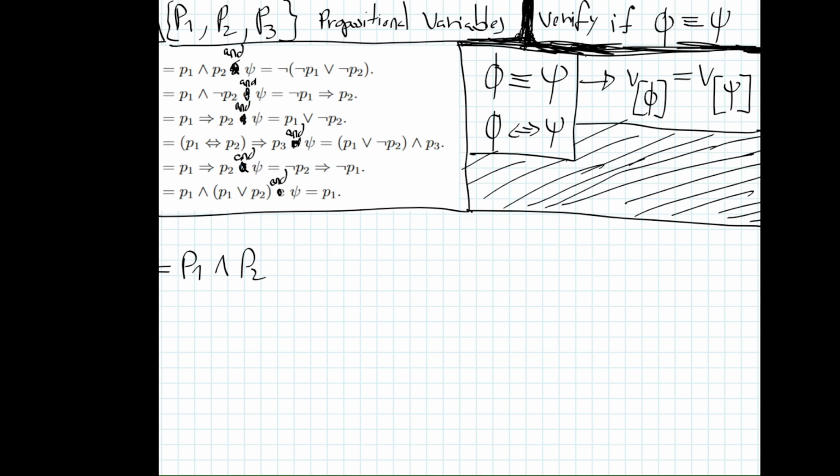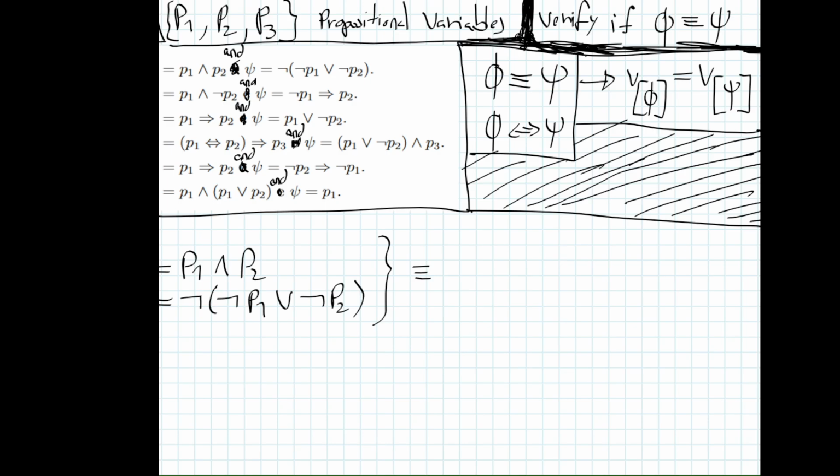Let's keep going. We have this part, and then we have psi, where P1 is negated, disjunction P2, and from basic rules we know that, using that notation, they are equivalent.